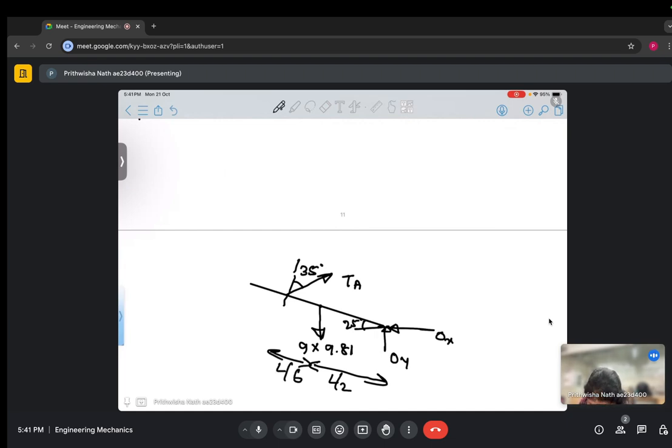So if we consider the moment equilibrium about O, we can find out the tension which is acting on the rod, right?